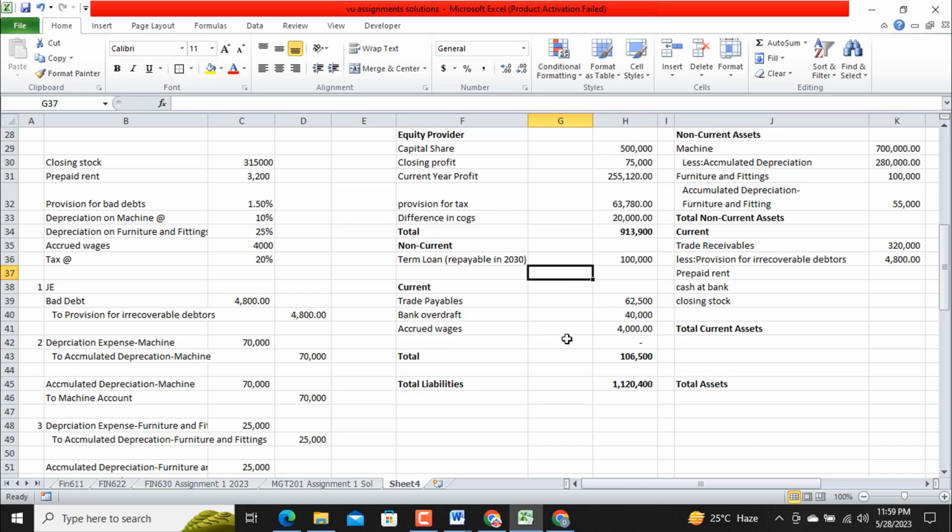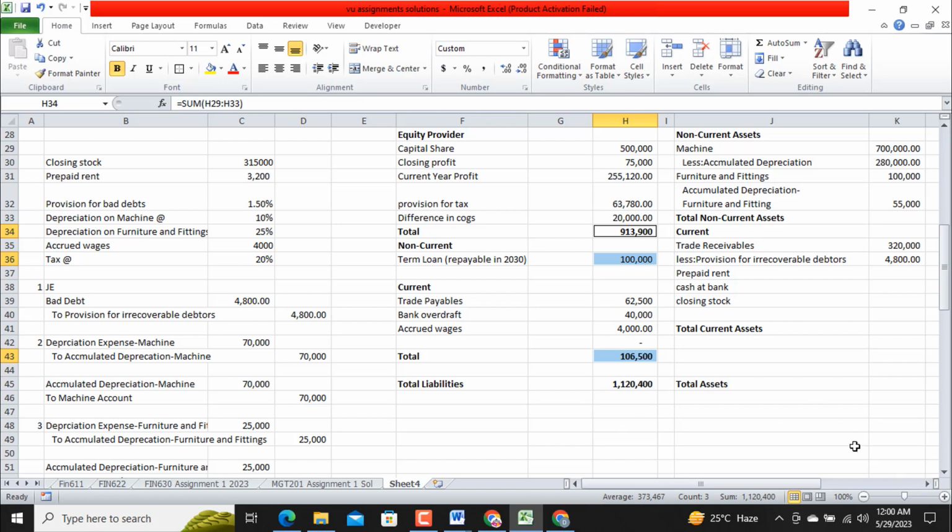This is a new account that will be available in the adjusted trial balance, and here in the liability section of the balance sheet under current liabilities. Total current liabilities and total liabilities, by adding this one and this one, we get 1.1204 million.